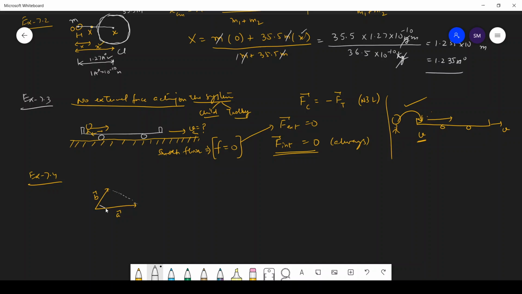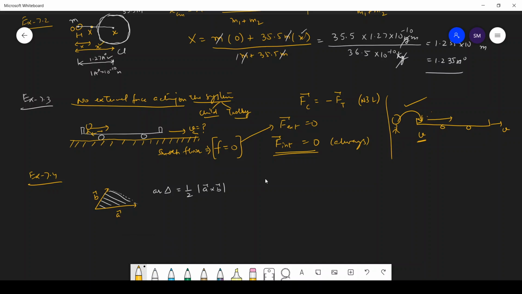Let us join it, and this is the area contained by these vectors. So we have to prove that the area of the triangle is equal to half of the magnitude of the cross product.